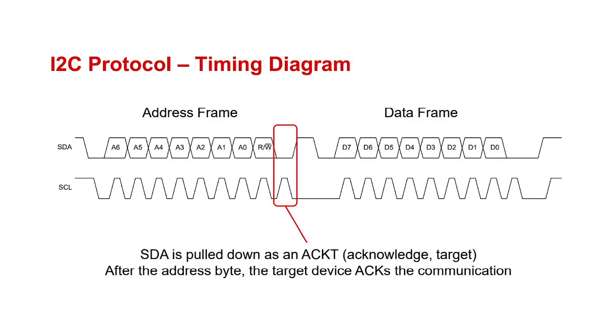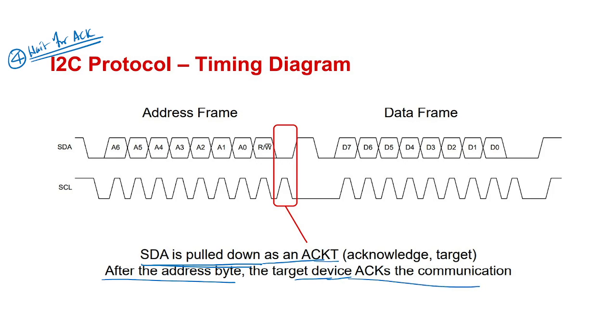And the fourth condition is, as I told you, after read by write bar, the master will wait for the acknowledgement. This is the fourth condition, waiting for ACK. Whatever the SDA is, that will be pulled down as an ACK. After the address byte, the target device ACKs the communication.